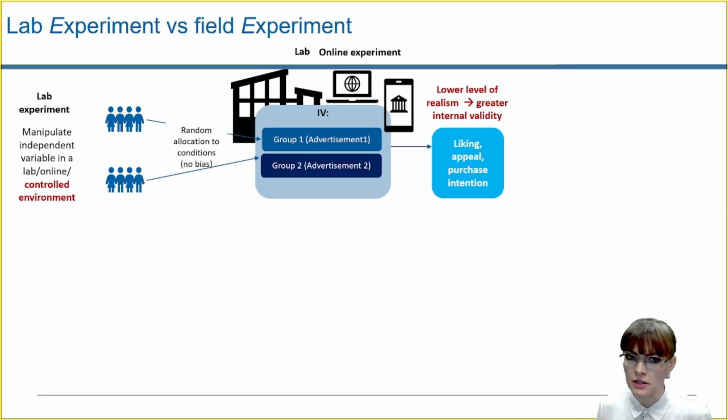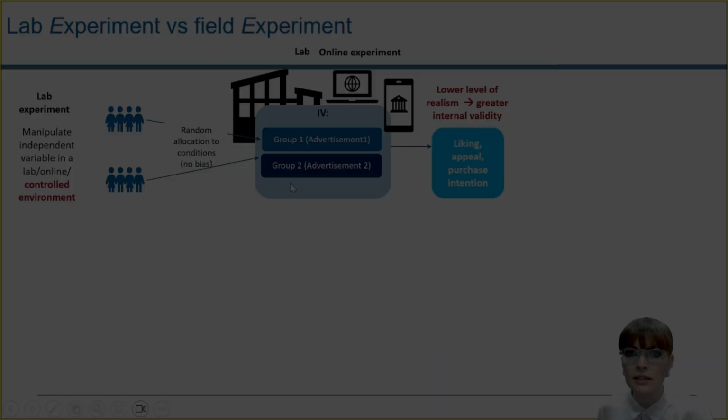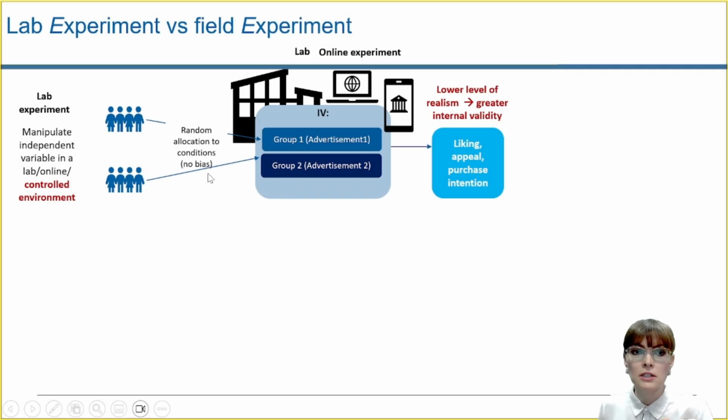As the name suggests, a lab experiment is the experiment that you conduct in a lab. This is why here I have a picture of a building so that you can contextualize and remember it better. In this case, again, we have random allocation of participants to our conditions, which means we are minimizing researchers' bias.